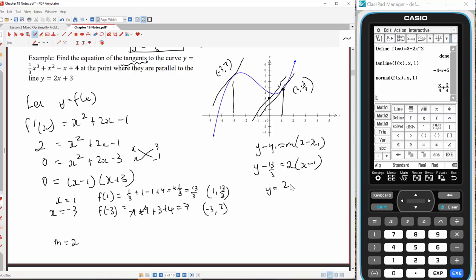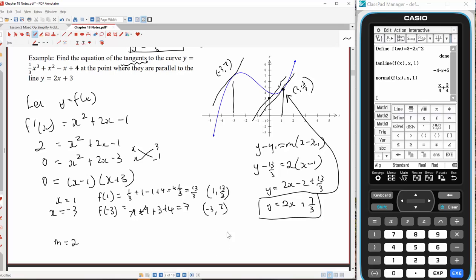Y equals 2x take 2 plus 13 on 3. Y equals, taking -6 on 3 from 13 on 3, 2x plus 7 on 3. So there is the equation of this tangent.